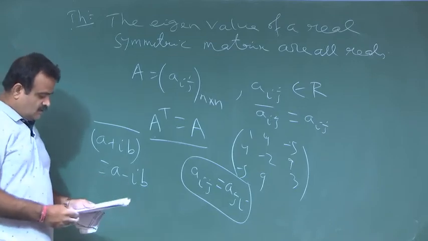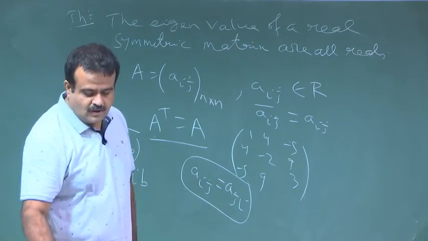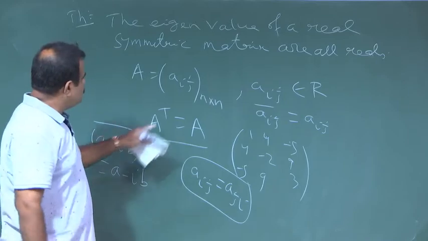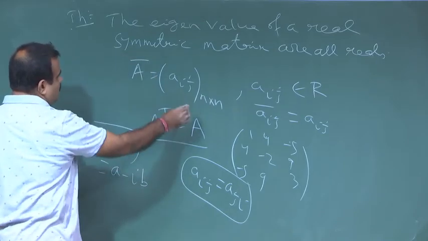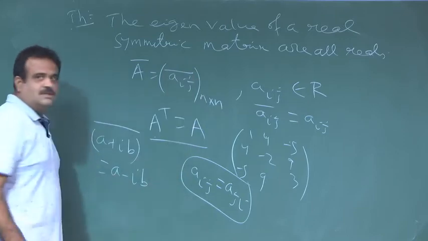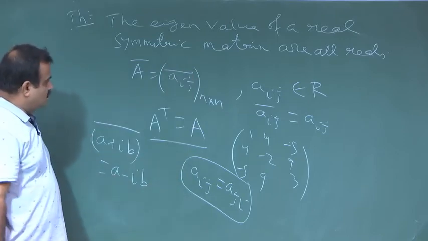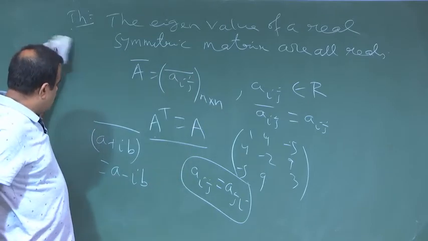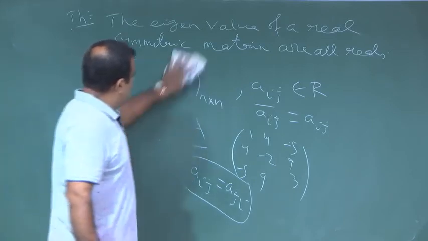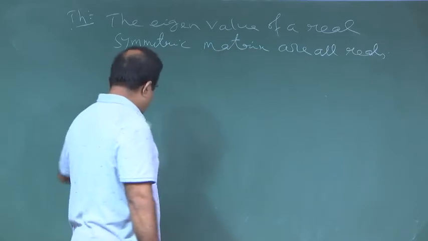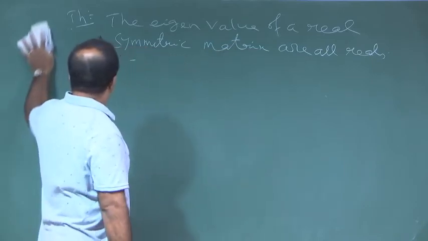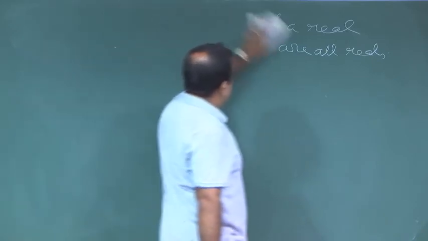So, conjugate matrix means we take the conjugate of each of these numbers. So, we are going to prove that a real symmetric matrix will have real eigenvalues only. So, how to prove this?